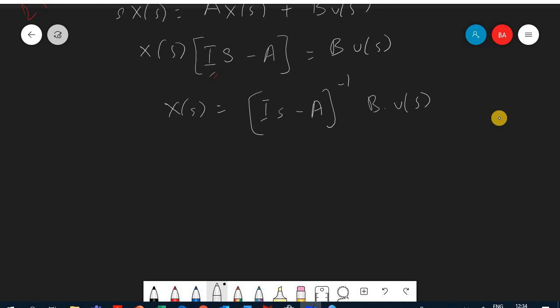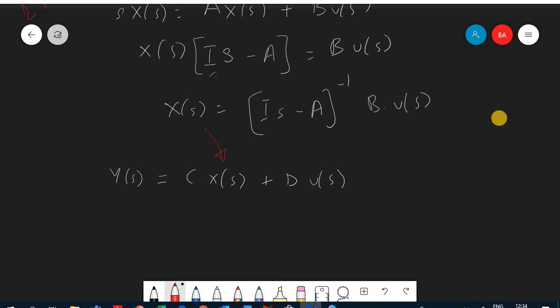My solution, if you can recall, was y(t) equals Cx plus Du, and I'm here representing it by taking the Laplace transform of it. What I'm going to do here is very simple.